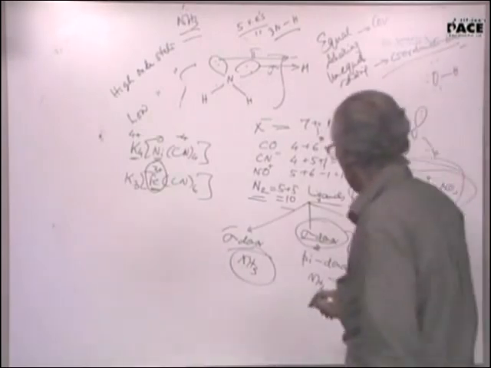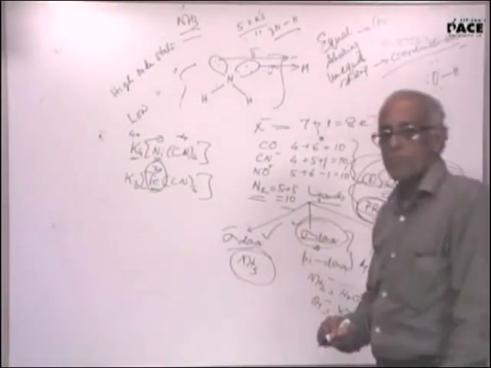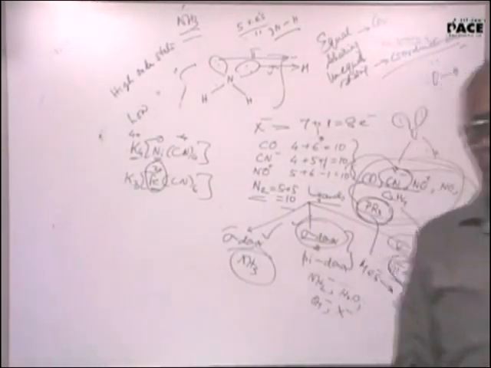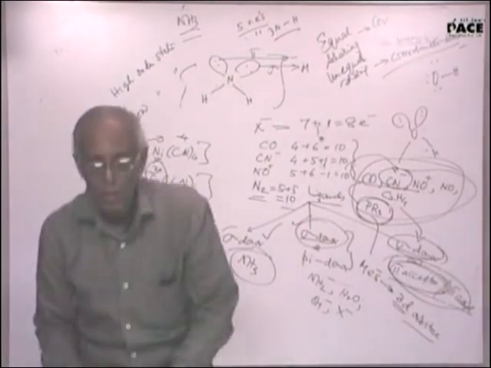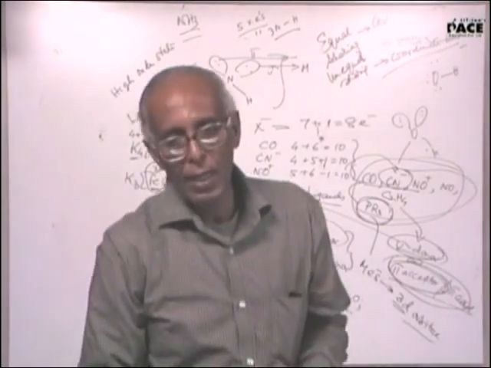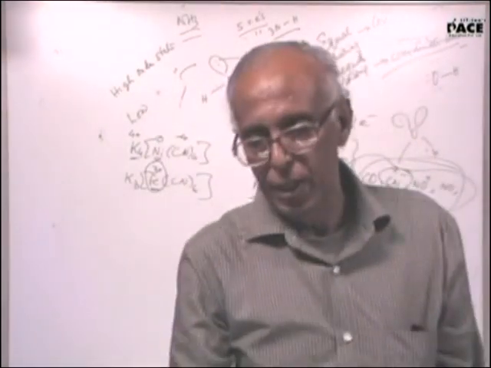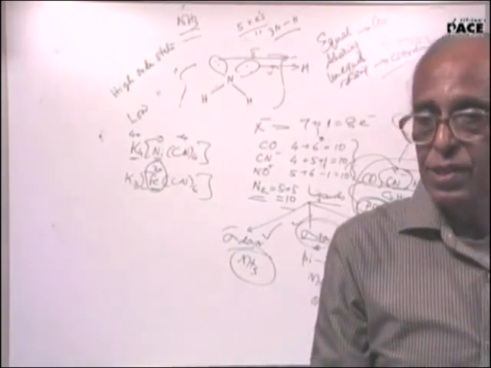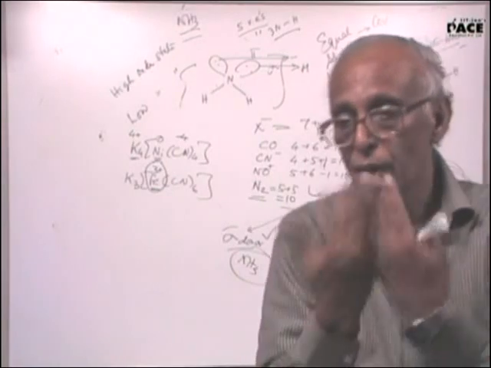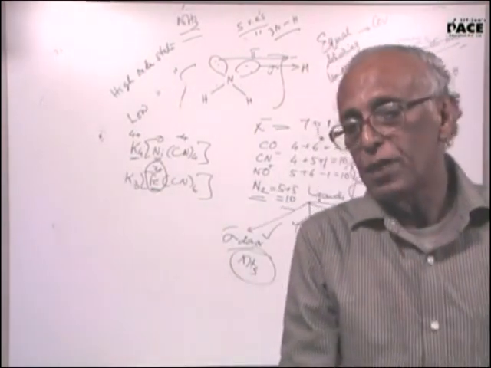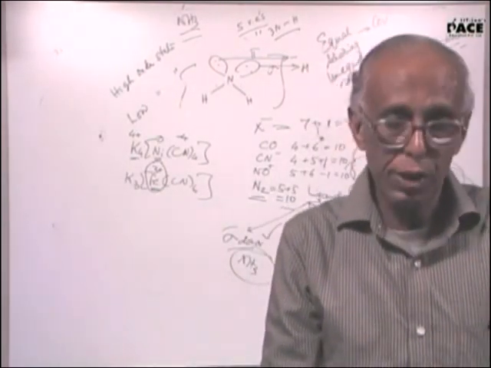Whereas these two type ligands, sigma donor or sigma donor and a pi donor ligand, will stabilize metal in high oxidation states. So sigma donor and pi donor, they will stabilize because they donate electrons. So they can neutralize the electron deficiency of the metal in a high oxidation state.